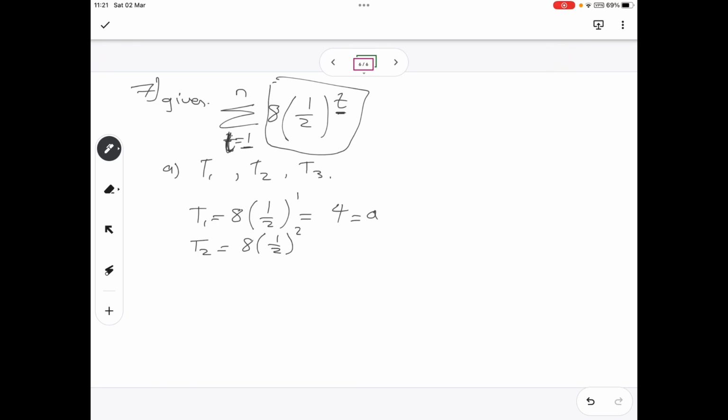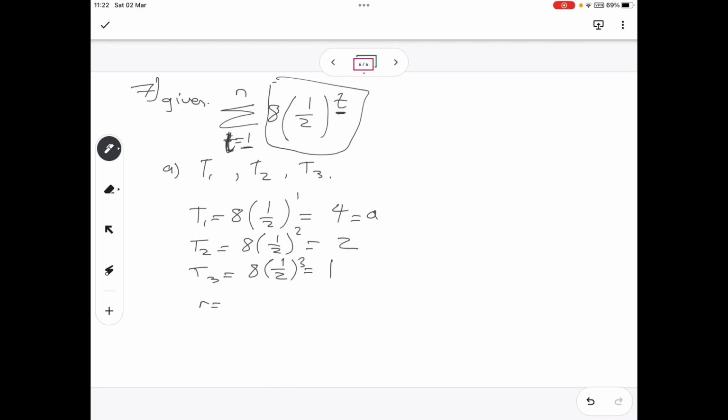T2 becomes 8 times a half to the power 2. And that gives us 8 times a quarter, which is 8 over 4, that gives us 2. And T3 is 8 times a half to the power 3, which is 8 times an eighth, which is 1. It's just 1.